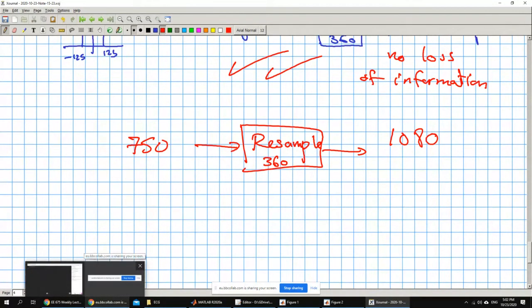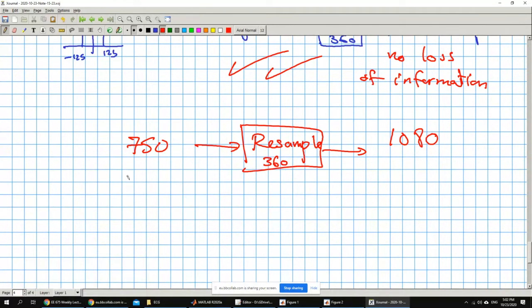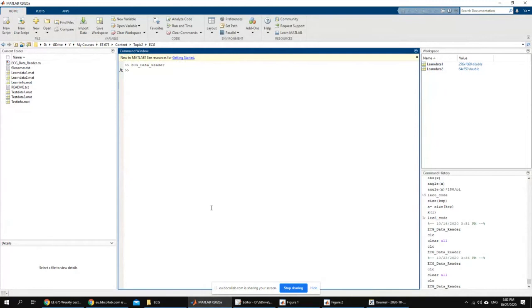We're not going to generate the original signal and then resample it. You can do that very simply. In MATLAB, there is a function called resample. Let's look at the help for resample and see how we're going to use it. Very simple.